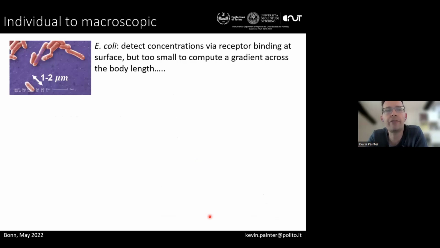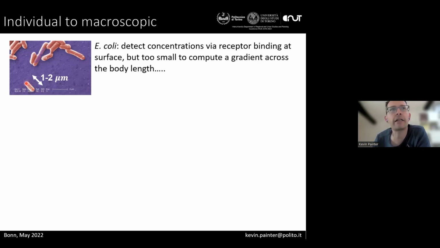But where I left it at the very end of yesterday's lecture was to talk a little bit about the fact that that's all very well at a population level, but what happens when we look down at the level of an individual and how they actually respond to their environment? Taking the example of chemotaxis, the E. coli bacteria cells that I talked about yesterday are very small rod type bacteria, only a couple of microns or so in length.